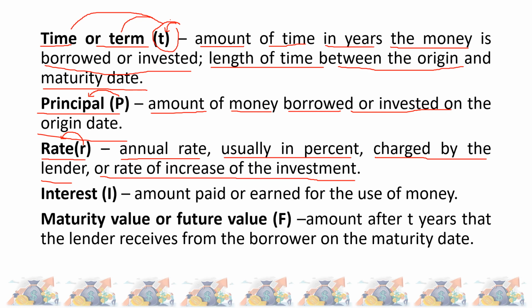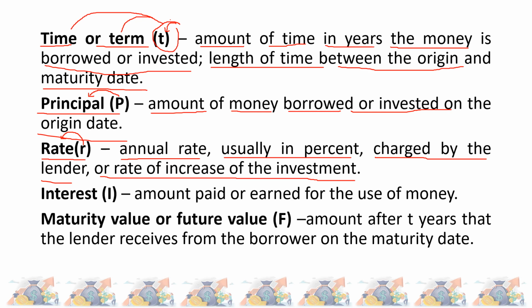This will be the additional amount once the borrower decides to pay the money that she borrowed from the lender. This will be the additional amount that we add on the principal, and that percent of amount is called the rate of interest.